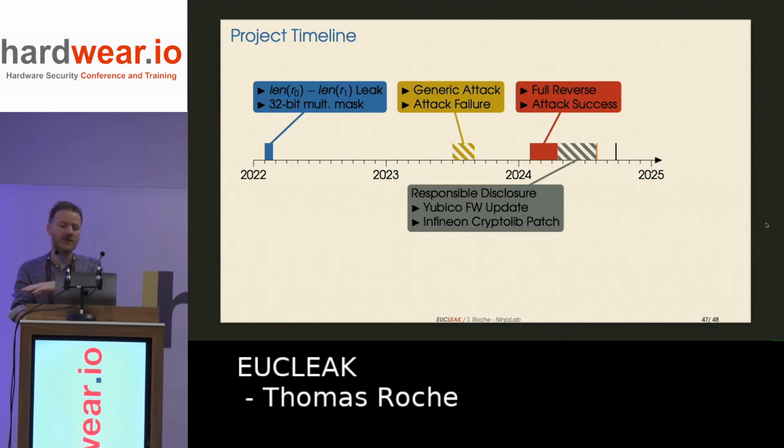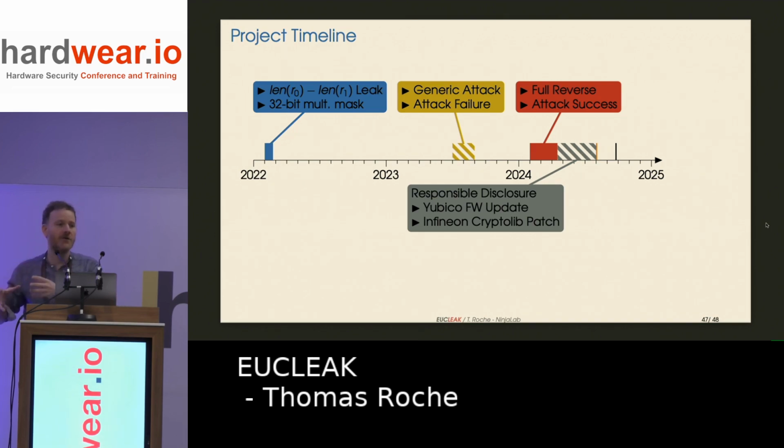We went into a responsible disclosure with Yubico, Infineon, but also the BSI, the German agency that certifies this chip. And during that time, Yubico released a firmware update for their YubiKeys, and they switched from the Infineon cryptolib to their own cryptolib.